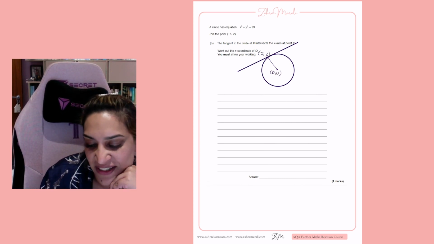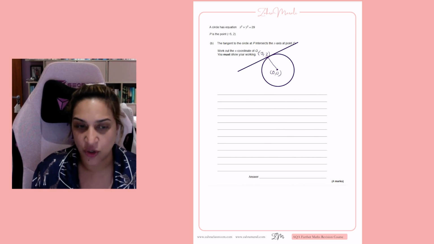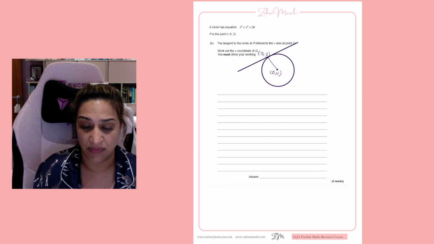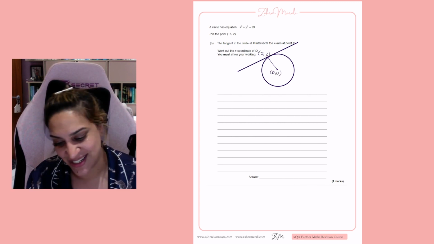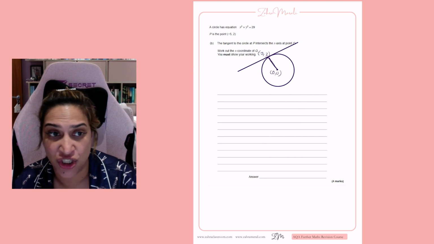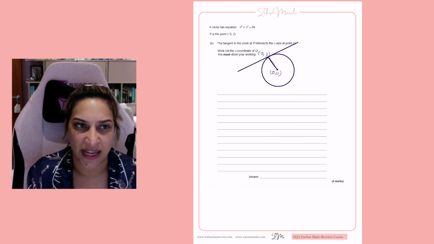We want to find the equation of the tangent to be able to find where it meets the axes. Step 1, we're going to find the gradient of this line here to start with. So we've got our change in y over our change in x.